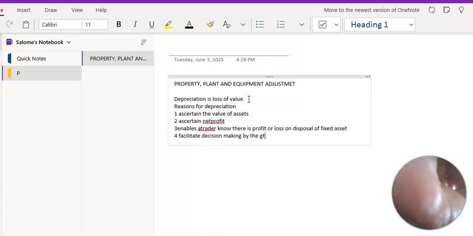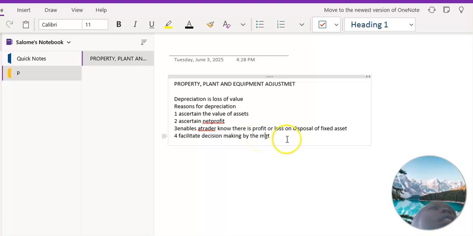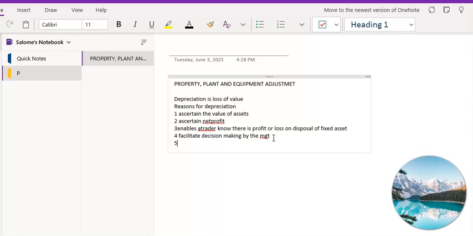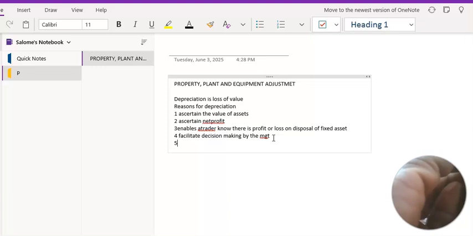Let me write this way. Now, so it facilitates that. Another thing that you should know is that it helps in the presentation of true financial position. So when we are preparing the final statement, it will reflect a true position, because in the final statement, you're going to see the assets.